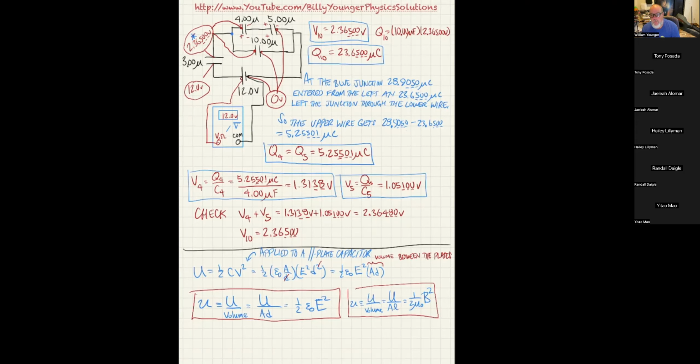But lo and behold, because you're in that frame that's moving along with the positive charges, now the positive charges outnumber the negative charges, and you end up getting basically an electric field that points in the exact same way the magnetic field did and has the exact same magnitude, only now it's called E.